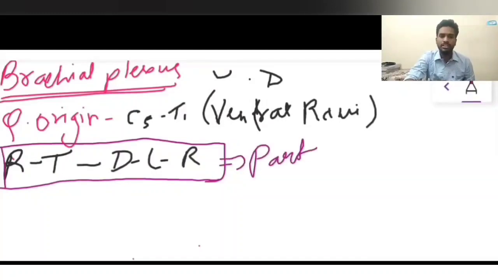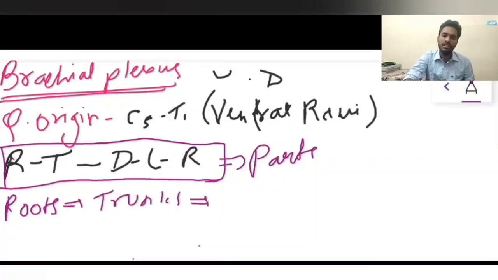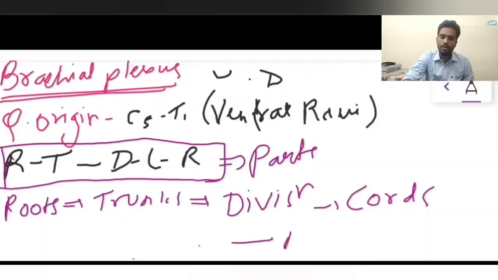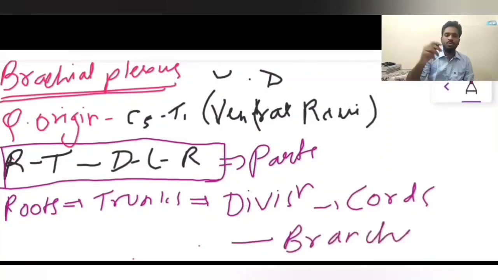R is for roots. Roots continue as trunks, so T is for trunk. Trunks continue as divisions, so D is for division. C is for cords, and B is for branches. So RTDCB are the parts of the brachial plexus.